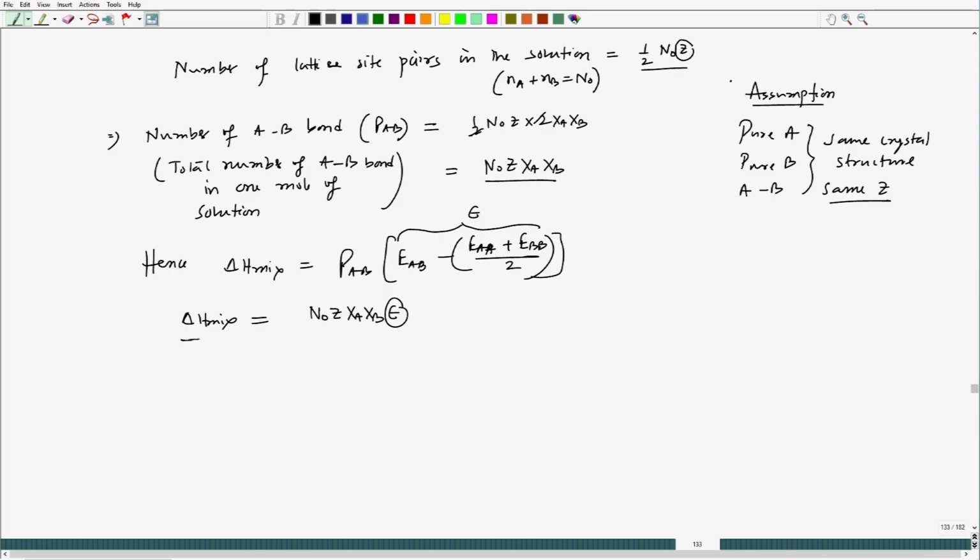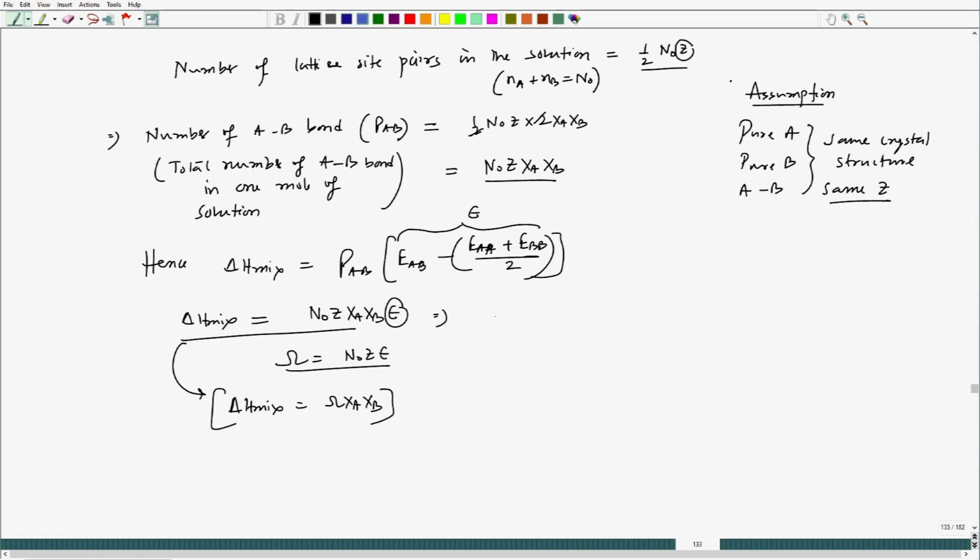Okay. Now we can actually put it in terms of omega. It can be written as N0 Z E. So, then del H mix can be written as omega XA XB. Okay.